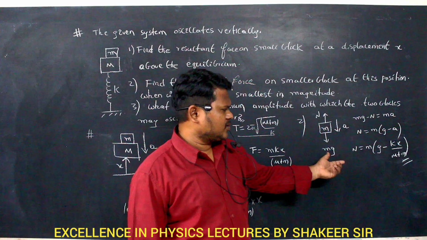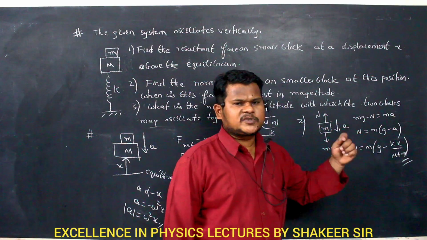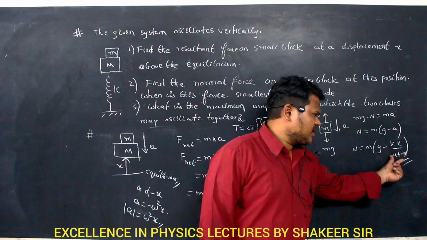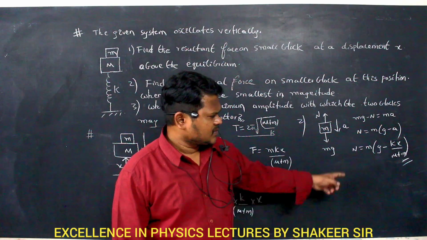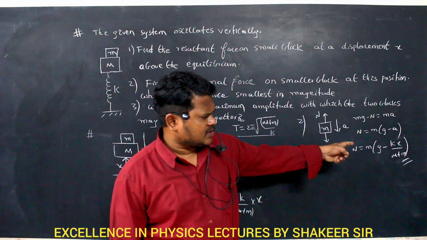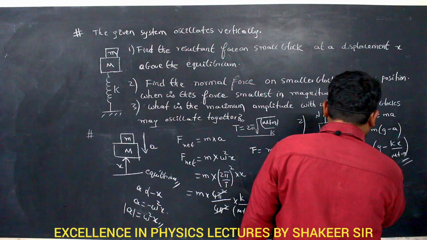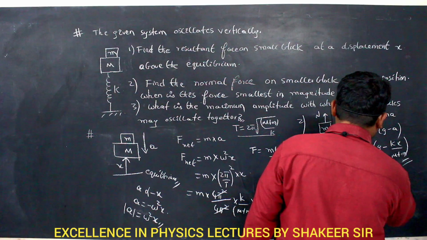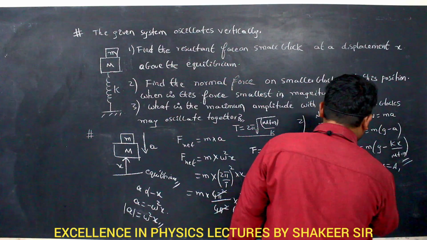This is understandable, no? So kx divided by (capital M plus small m) we are subtracting from g. If kx by (M plus m) is maximum, the normal reaction will become minimum. And what is the maximum value of x there? Maximum value of x is a. So when x is equal to a, then N will become N minimum.